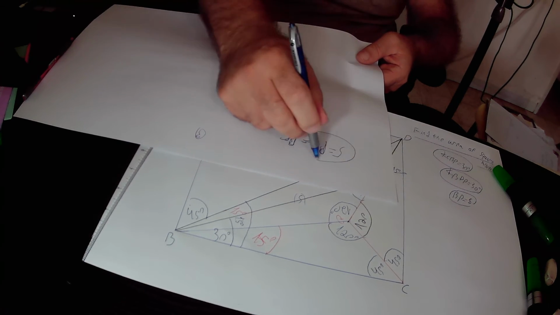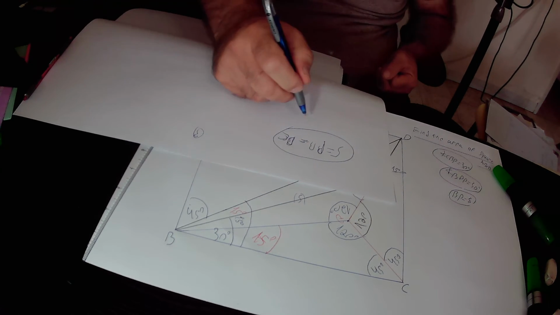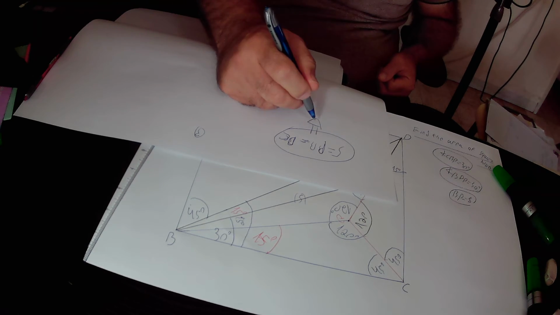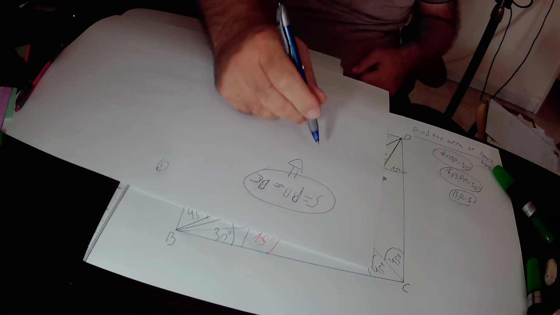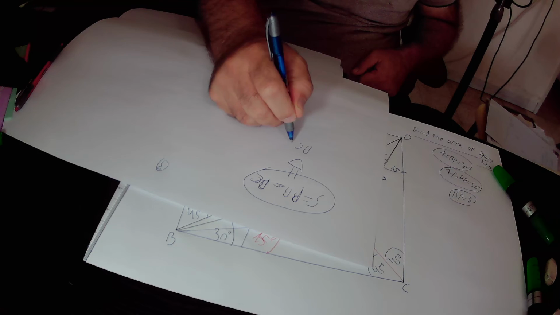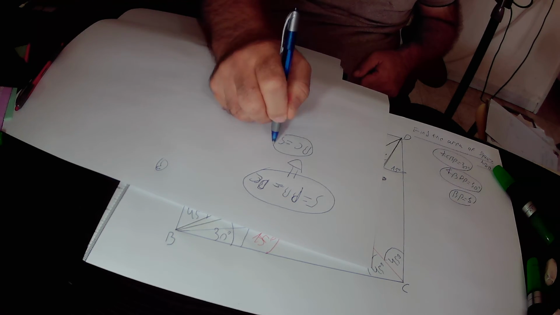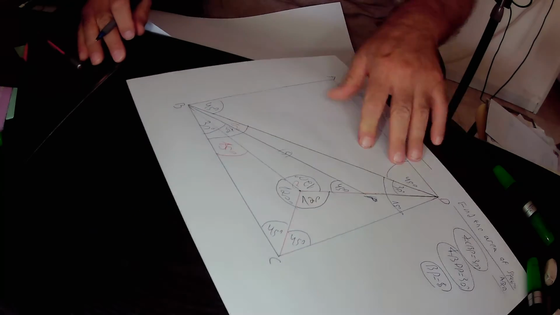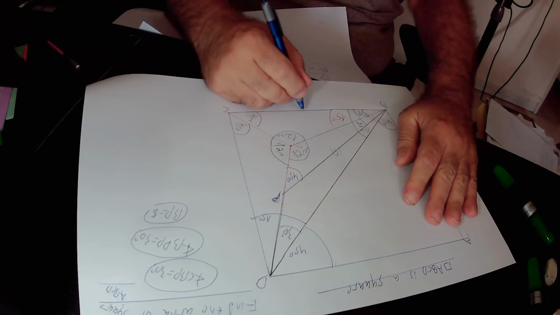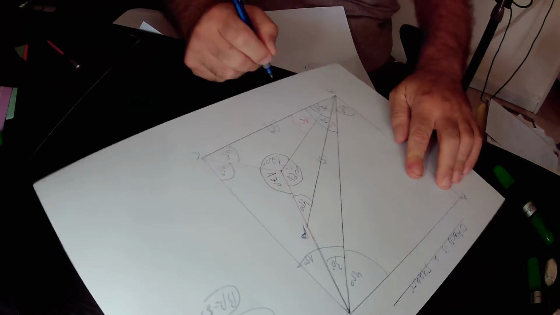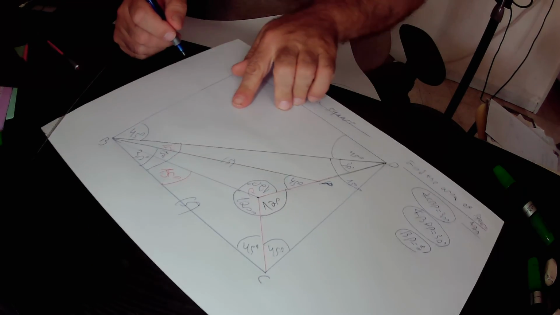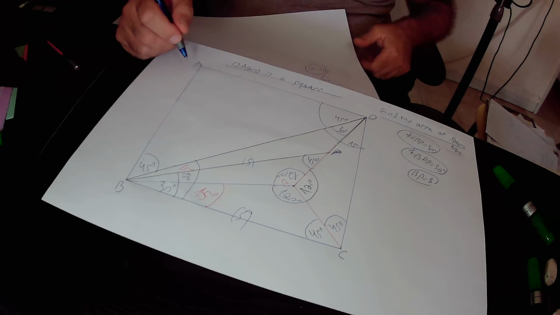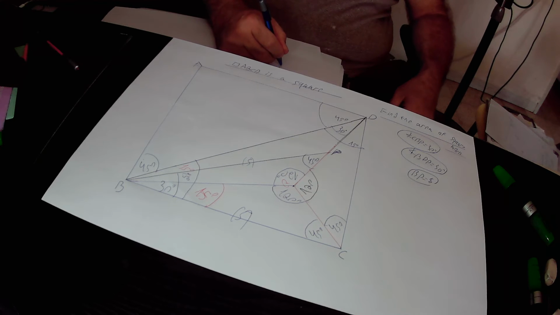And from this equation, 5 equals PB equals BC, we derive that side BC is also equal to 5 units in length. Our task is to find the area of this square ABCD. So, what is the area of square ABCD?